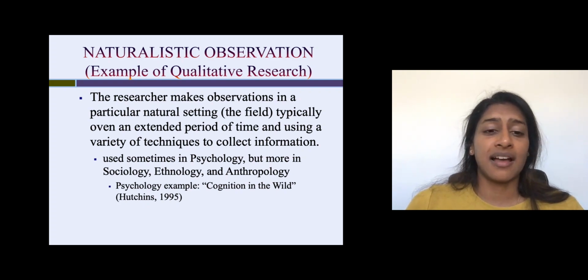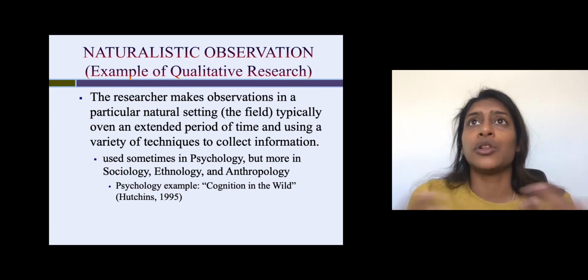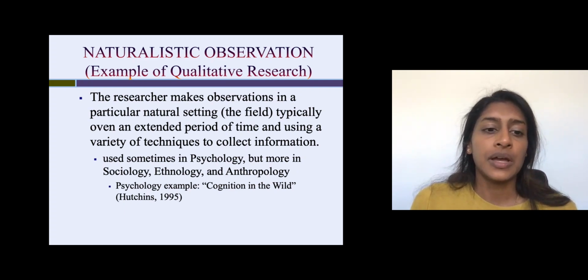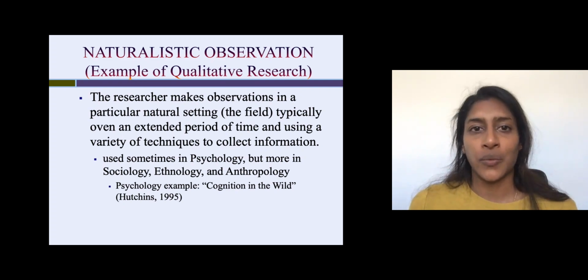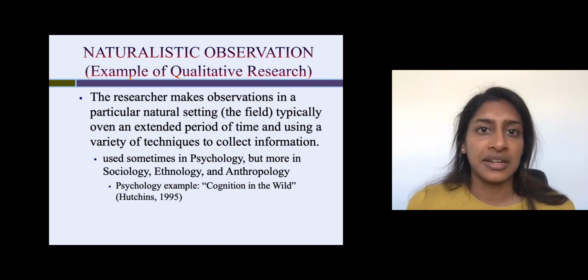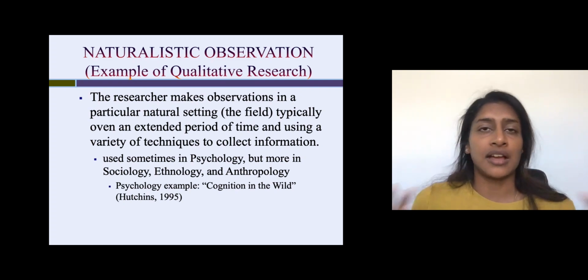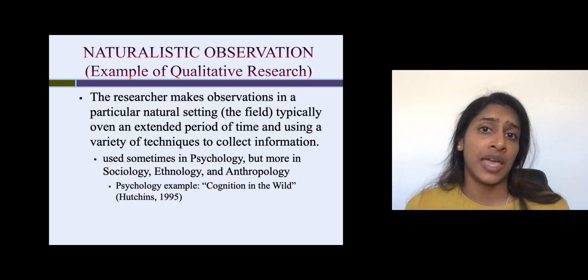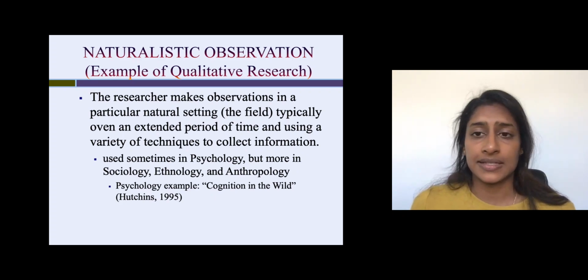There is an example in psychology, looking at individuals, right? So there is an example of cognition in the wild. And so sort of how does our cognition develop? And we're using natural settings. We're observing that behavior as it takes place.